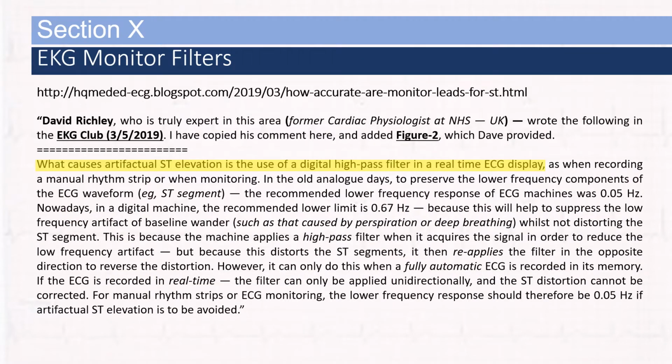The answer is the high-pass filters that are utilized to create the image in a 3-lead actually cause artifact in a 12-lead. And once you select the 12-lead option, the monitor utilizes different filtration to come up with your image on the 12-lead EKG.